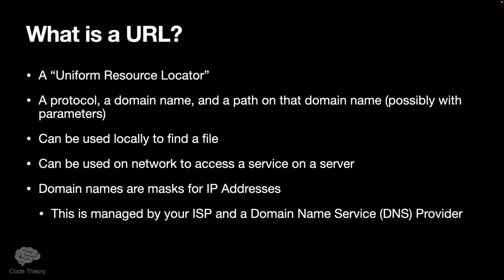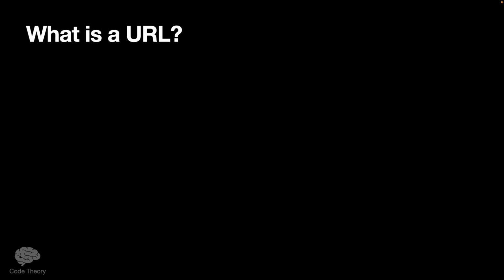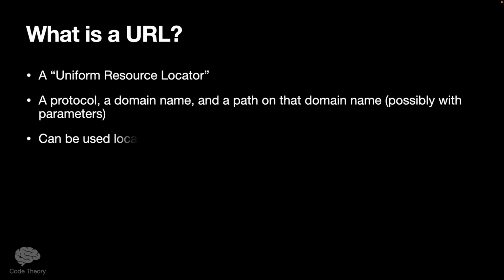So Amazon.com gets sent out by your internet service provider to a domain name service provider who looks it up and says, oh cool, this is the IP address they want. Then it sends that back to your ISP who sends it back to your browser. And then you can use that IP address to actually call that particular server on the internet, right?